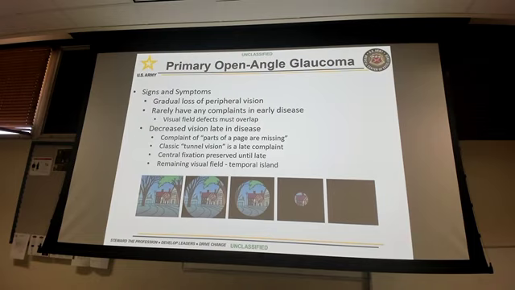And then over time, like I said, the patients will experience severe field loss and it will encroach into their central vision. So the picture down at the bottom kind of gives you a timeline of what a patient would experience with progression of POAG. So normal vision on the left, moving over to complete field loss on the right-hand side.